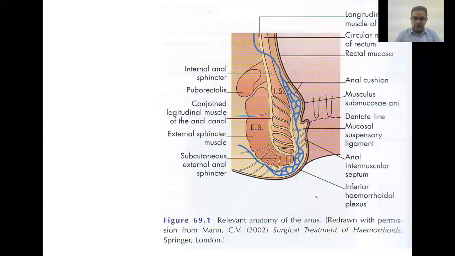And there is the intersphincteric space between the external and internal sphincter. This is important in pathologies related to the anal canal and also the rectum, like pilonidal sinus, abscess, and fistula in ano, of different types, low type and high type.